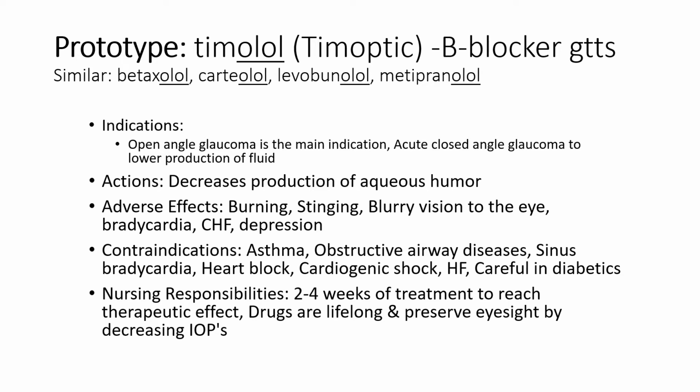So it can't give you the warning of hypoglycemia, such as an increased heart rate, sweating, pale. Those can be symptoms of hypoglycemia. So we're always careful with beta blockers in diabetics.